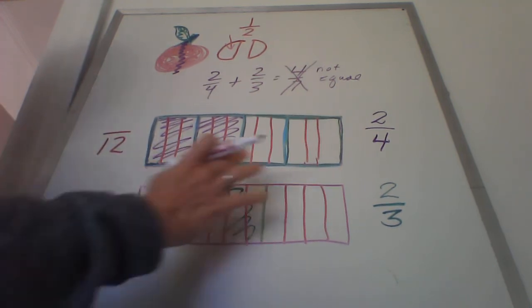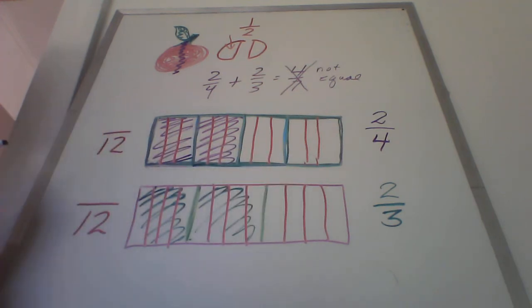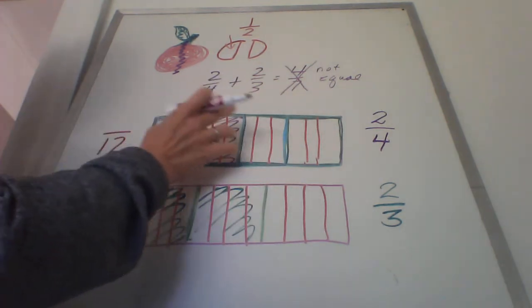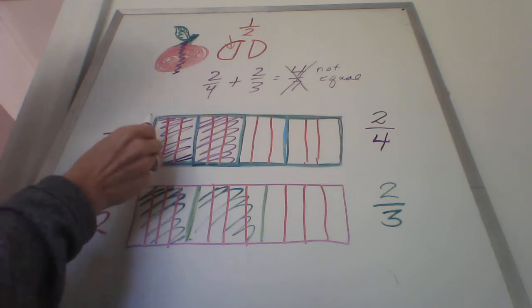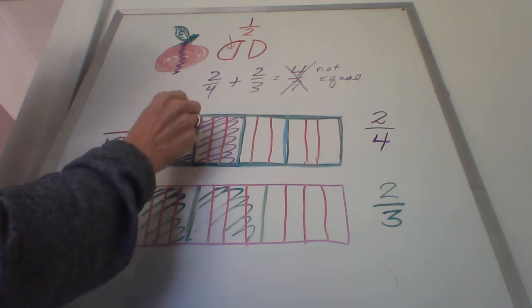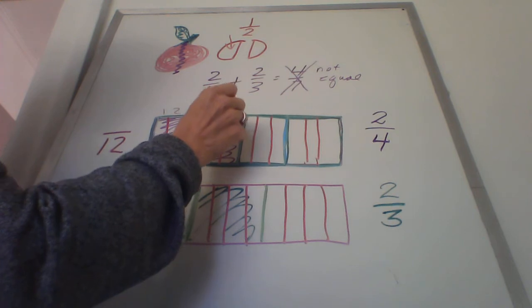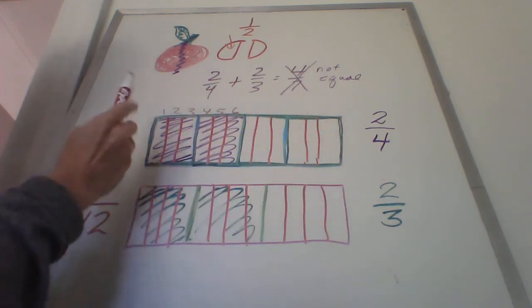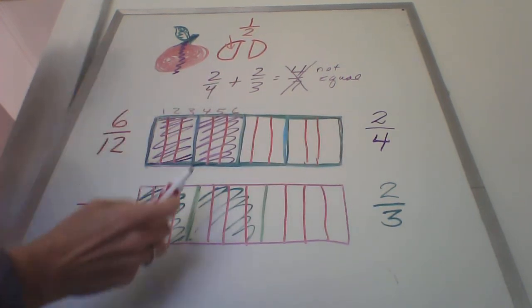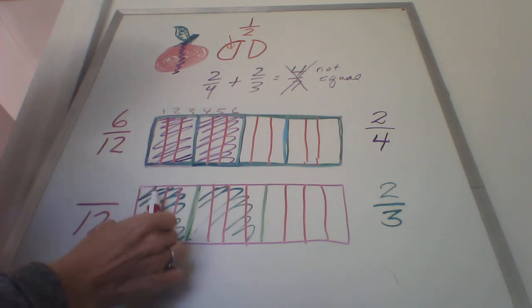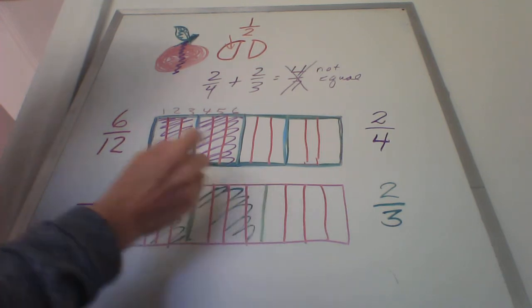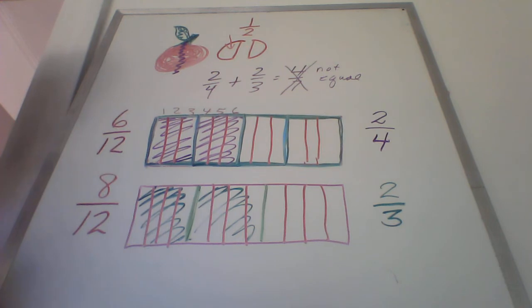So now of these 12 pieces on each, I've broken them up, made these smaller. So I actually have 1, 2, 3, 4, 5, 6 pieces if it was out of 12. And I have 1, 2, 3, 4, 5, 6, 7, 8 pieces if this was out of 12.